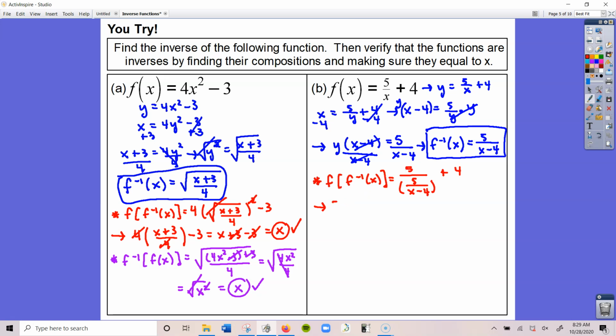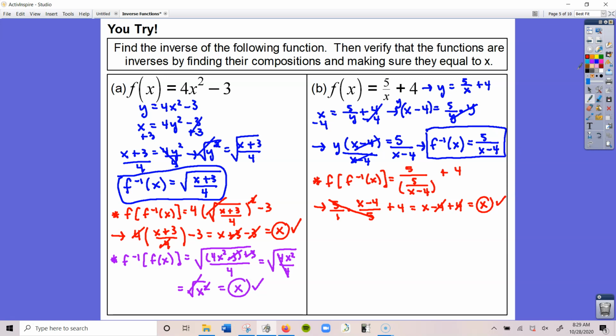So I'm going to copy my numerator, which is 5 over 1, times the reciprocal of the denominator, so x minus 4 over 5. I notice that 5's are in the diagonal, so they cancel. So all I have left is x minus 4 over 1, which is x minus 4, plus 4. So now the 4's cancel, and I'm left with x.